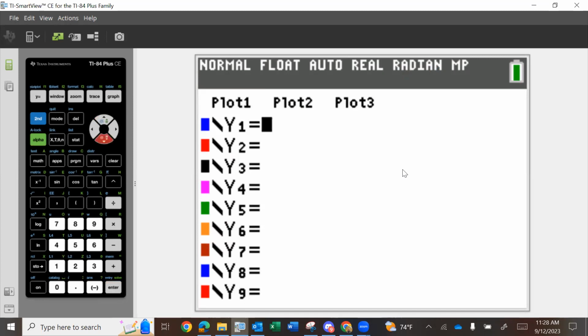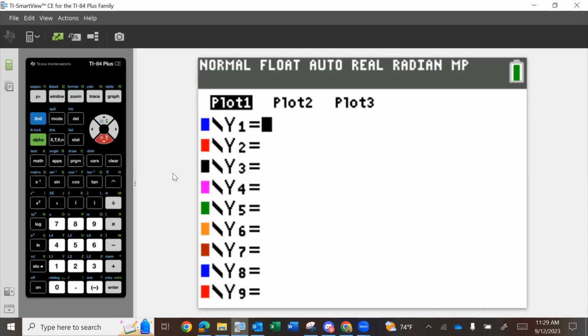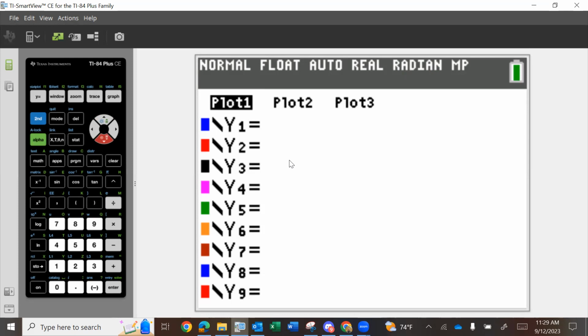If it looks off, you go up to it with the arrow key and hit enter to turn it on, and you can always turn it off with the enter key. It's like a toggle switch, like a light switch. By highlighting plot one, that tells the calculator, when I go to my graph, I want to see these points I just put in, the L1 and L2.